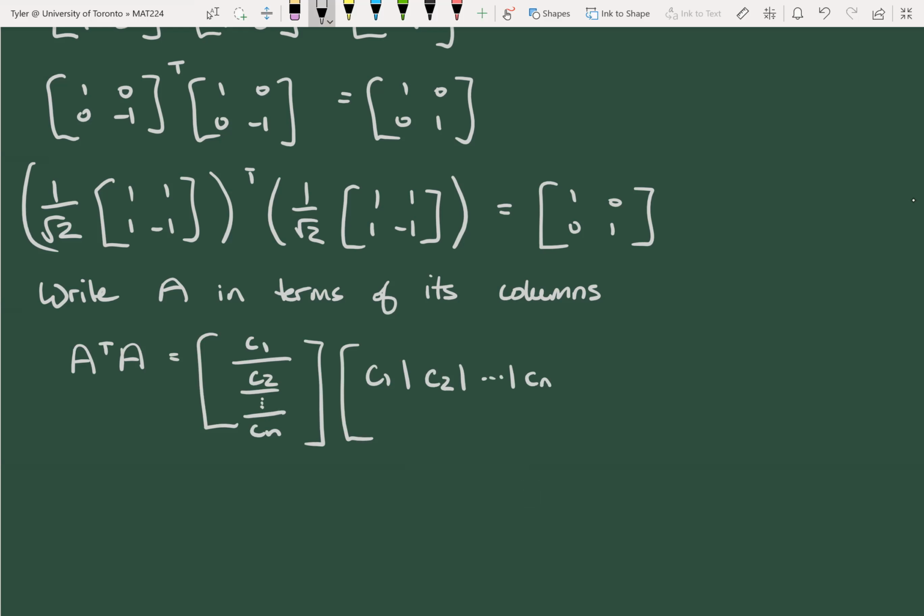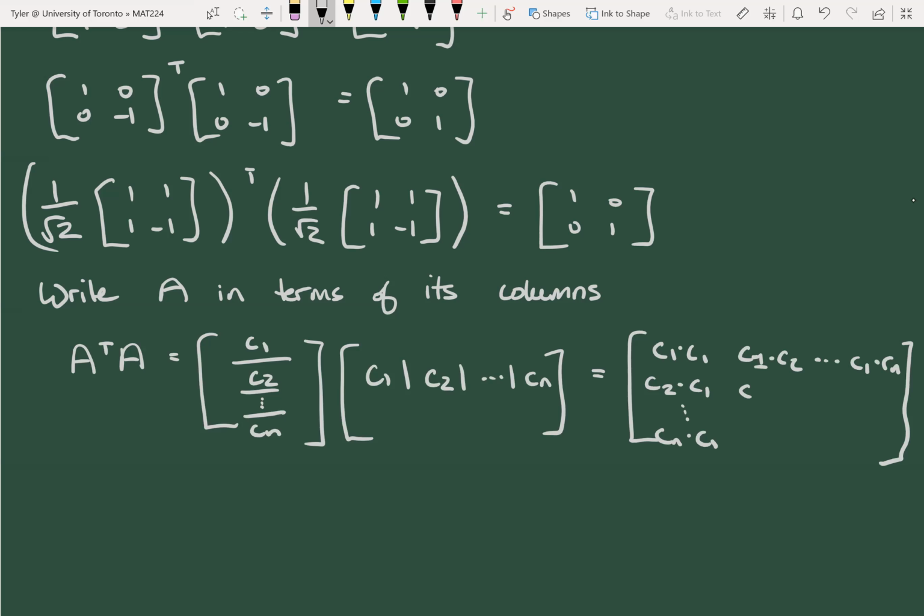This might require a bit of thinking because it's hard to actually draw this. But what you end up getting is the resulting matrix with entries C1.C1, C2.C1, Cn.C1, and in row 1, column 2, C1.C2, up to C1.Cn. You remember this stuff?